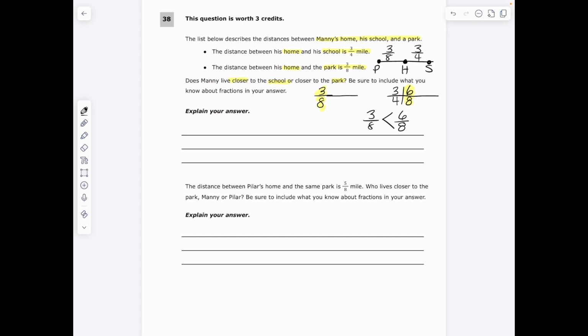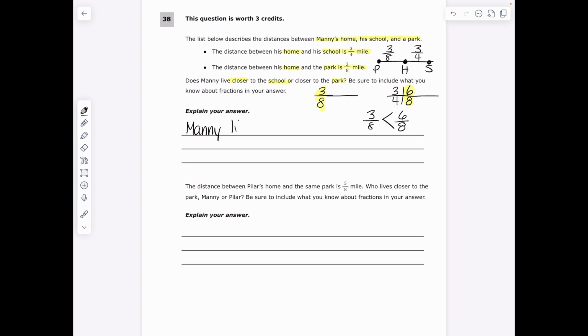So think about it this way. This is a longer walk because this number is bigger than this one. So he's closer to the park. So that's what I'm going to write.